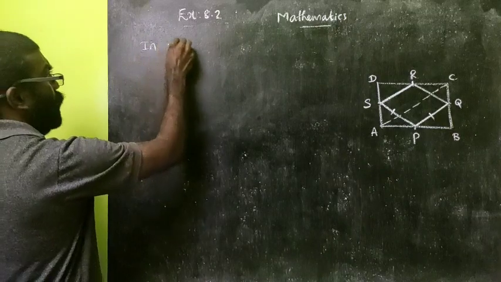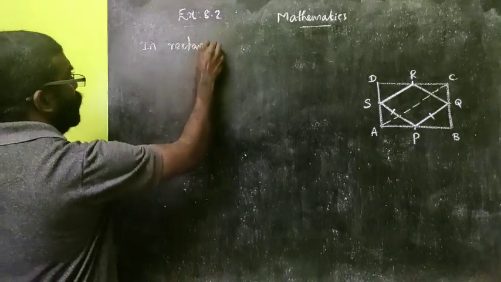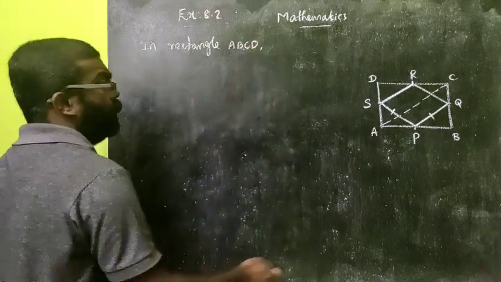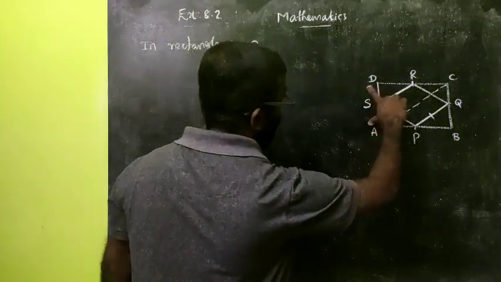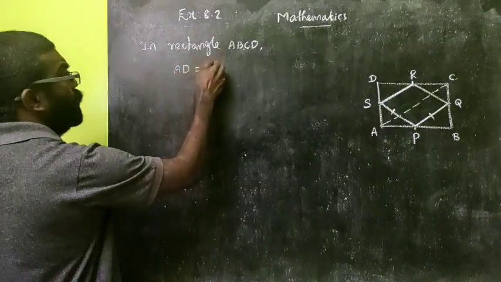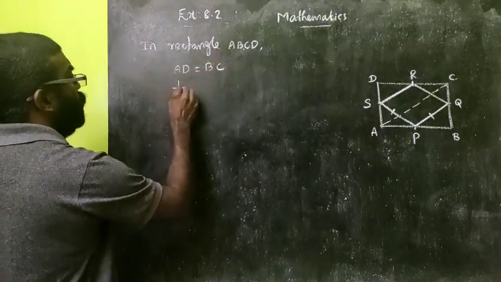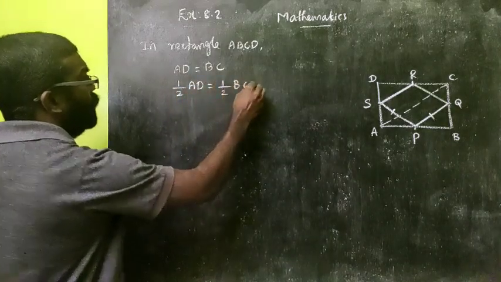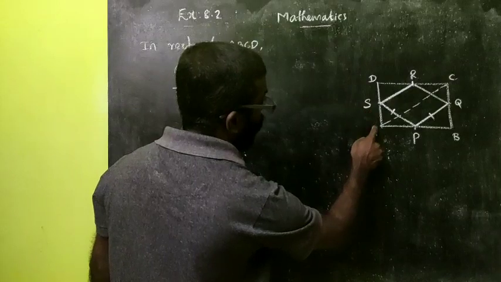In rectangle ABCD, we know opposite sides of a rectangle are equal. We can take the sides AD and BC. AD equal to BC. And we can take the half on both sides. Half AD equal to half BC. We are given S is the midpoint of AD.